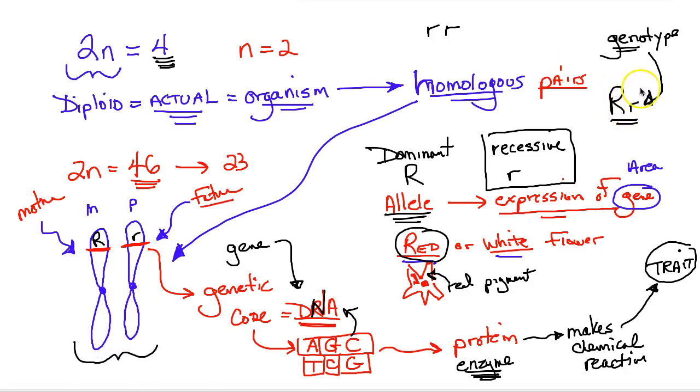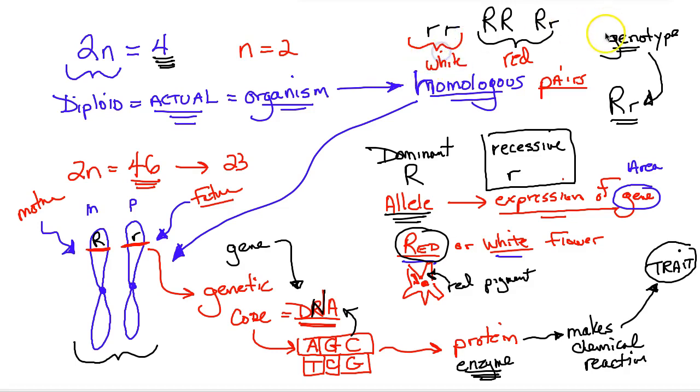So what does this mean? Well, we know from our reading that I can have a genotype that's big R, big R. This is homozygous dominant. And we can have big R, little r, which is heterozygous. And we know that these two will give me my red phenotype. And this is the only one that will give me white.